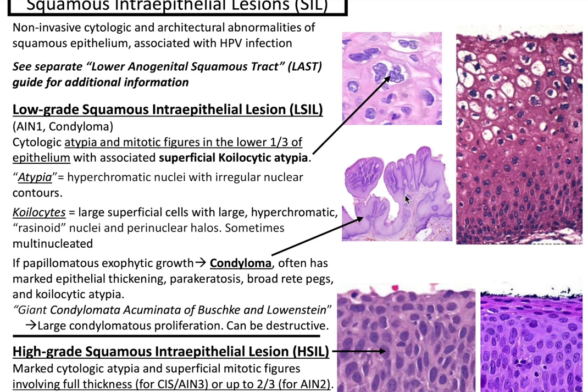If there is a papillomatous exophytic growth architecturally, it's a condyloma, which often has marked epithelial thickening, parakeratosis, broad reedy pegs, and koilocytic atypia. Giant condylomata acuminata of Buschke and Löwenstein. These are large condylomatous proliferations and can be destructive.